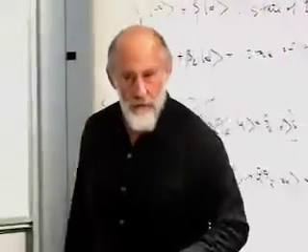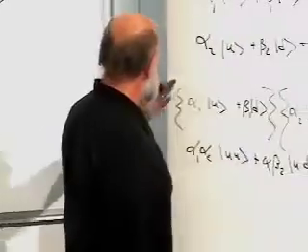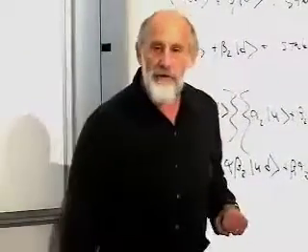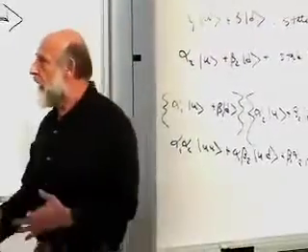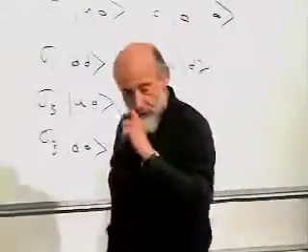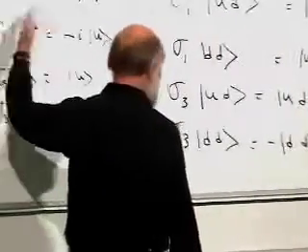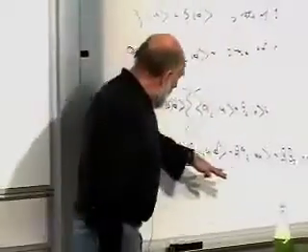If you were, for example, to take such a state, you would find that there is some direction in which sigma 1 is definitely up. Remember, for any electron state that you can make with an alpha and a beta, there is always some direction in which sigma dot n is up. This state has that property.